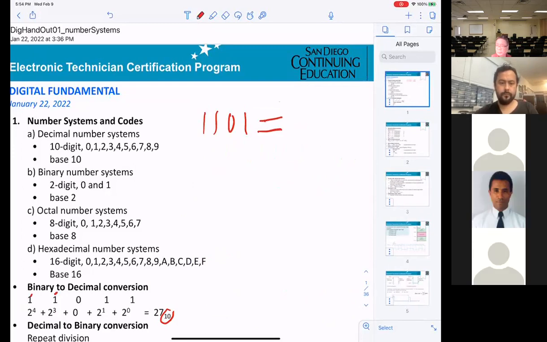What number do you get? I was going to say 1 times 2 to the power of 3 plus 1 times 2 to the power of 2 plus 0 times 2 to the power of 1 equals, yeah, like you said, 13. I could be wrong though. 13. Yep, 13. Okay. That means 1101 in binary is equivalent to the number 13.